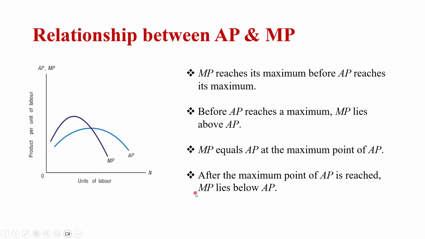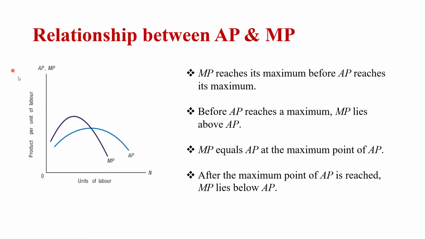Because what this is saying, basically, is what is happening here. So the relationship between average product and marginal product is that you see here, as your marginal product is increasing, average product lies below marginal product. Can you see? And then marginal product reaches maximum here.